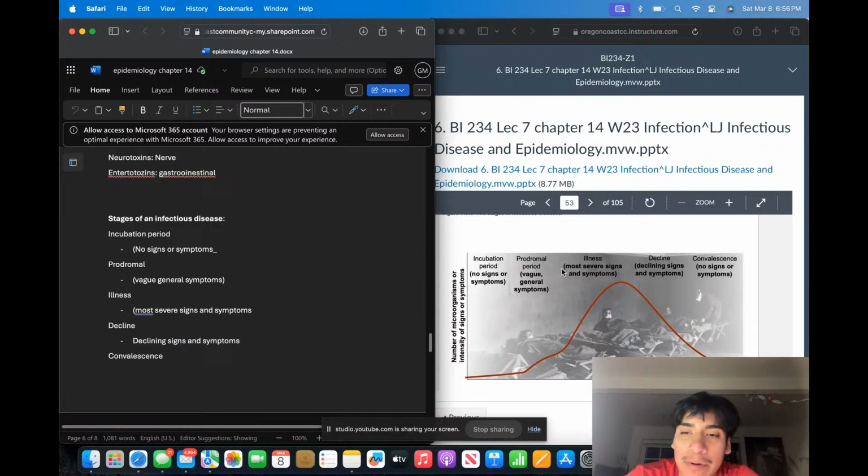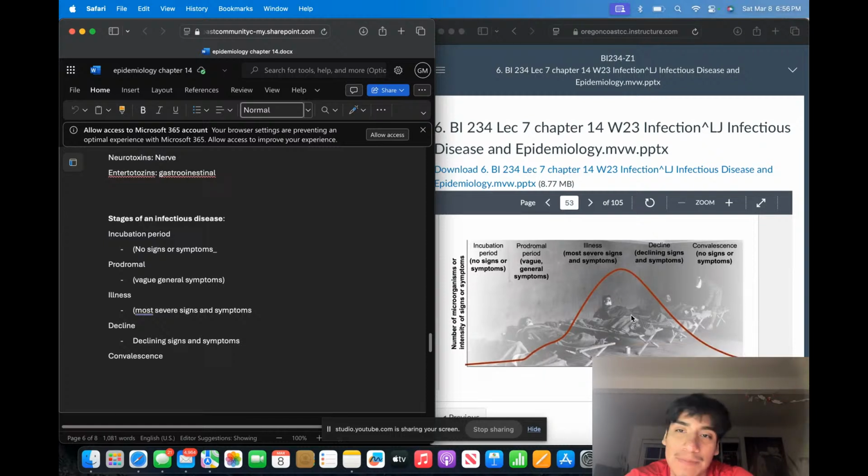Illness is where the most severe signs and symptoms occur. Decline is when these symptoms and signs begin to relieve. And convalescence is when there are no signs or symptoms, but you're still infectious.